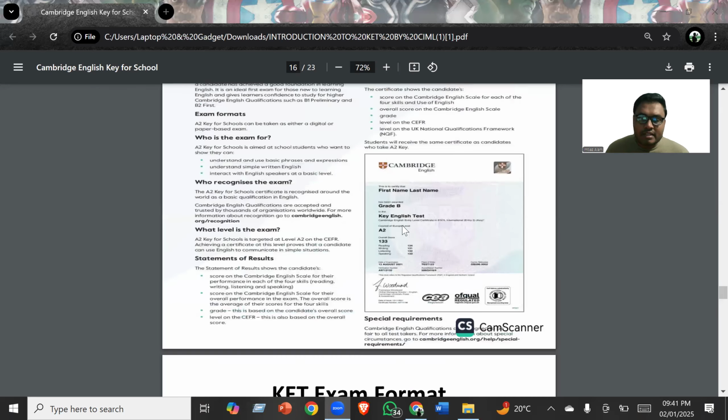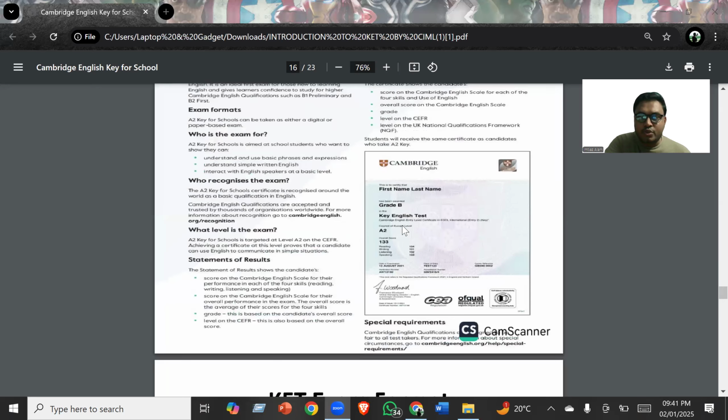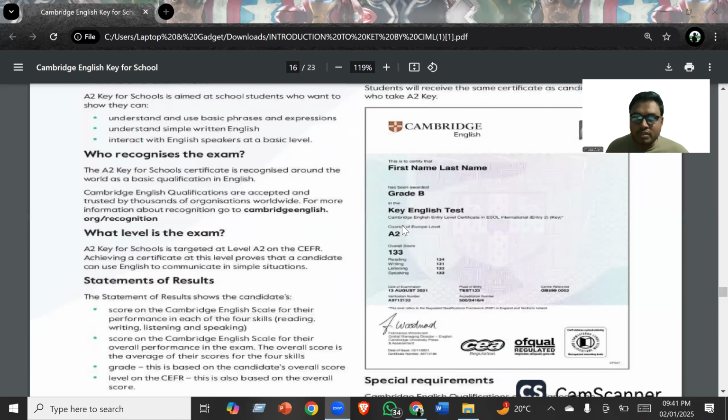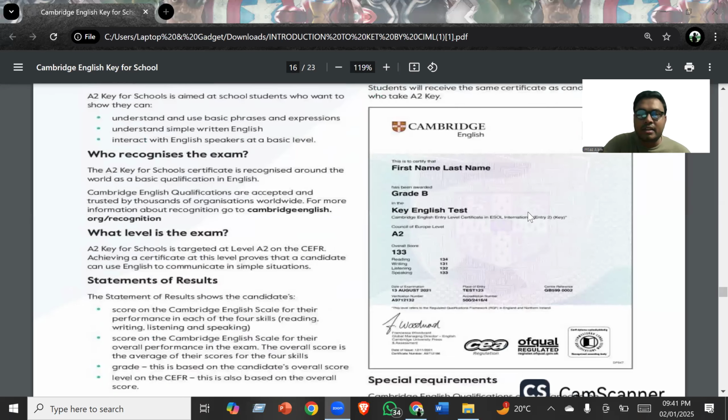Okay. So also you can see the certificates. I am zooming in. I have shown that earlier, but again you can see this thing. Okay, this is your Cambridge certificate. You can see your first name and last name will be on the top of that. It will say this is to notify that Mr. or Mrs. so-and-so, your name will be there, and your grades will be there, whether it's grade A or grade B or grade C. Of course, the exam name is A2 Key English test.